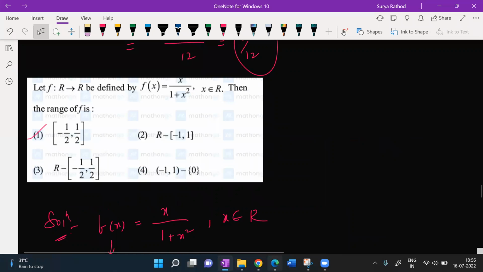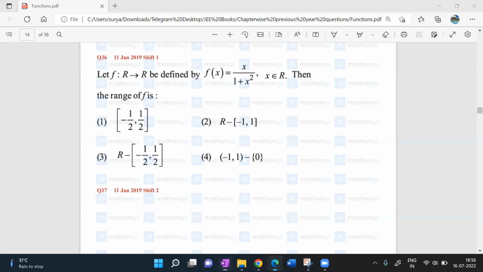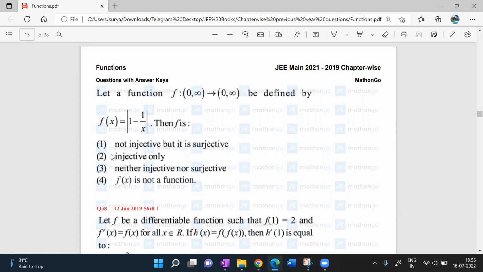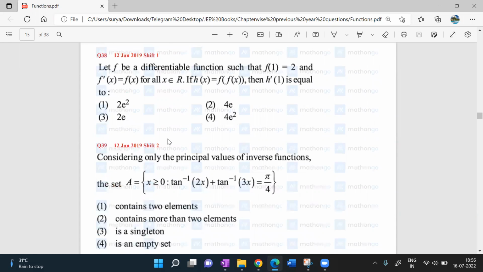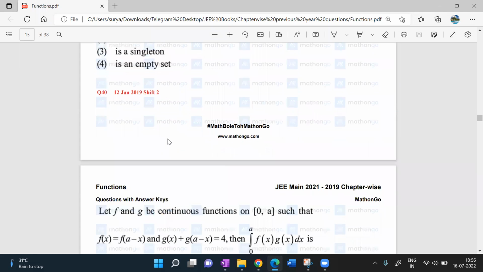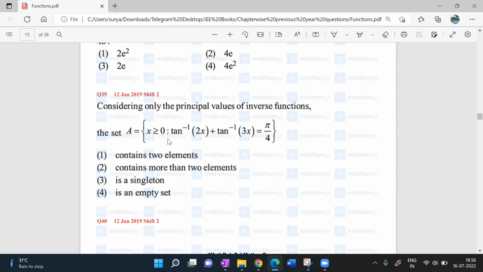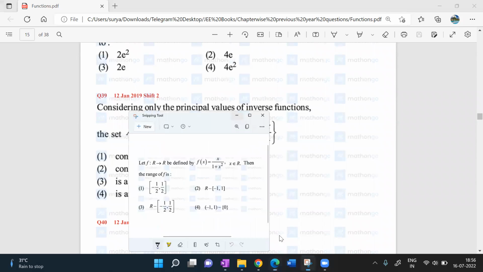Next, a simple question. Next. There are questions related to 12th standard as well, so we will be solving them. 39th question, everyone solve the 39th one.